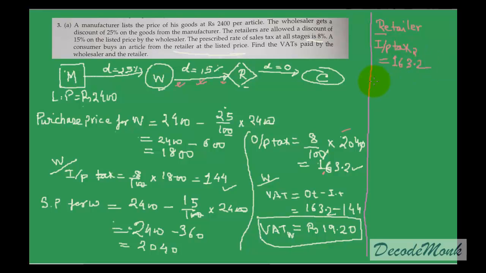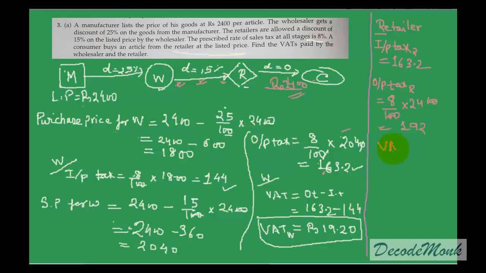Next, the output tax received by the retailer from the customer. At the last point of transaction, the customer is buying the article at rupees 2400 only. So the tax will be paid as per this price. This will be equal to 8% of 2400, which gives you 192.